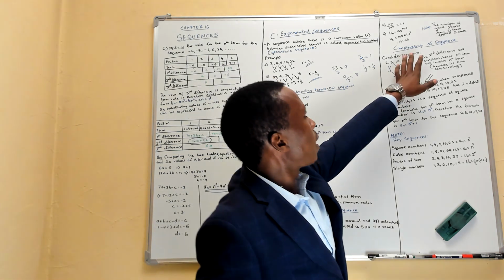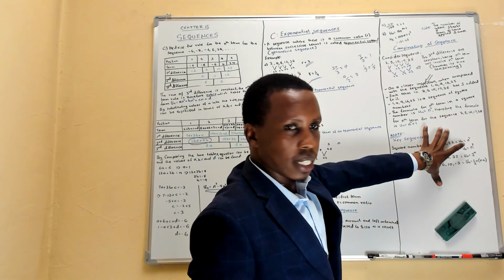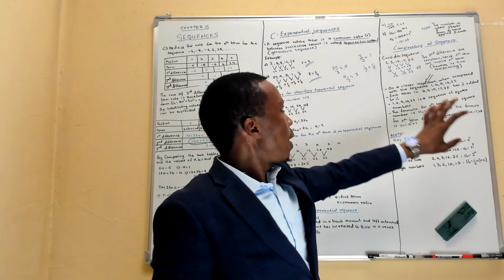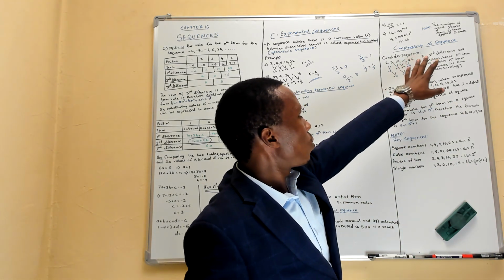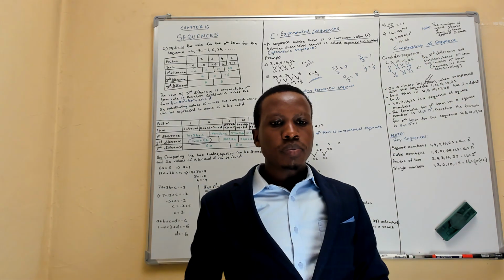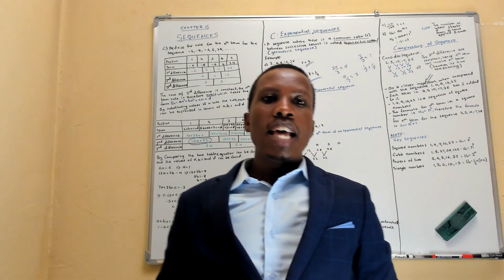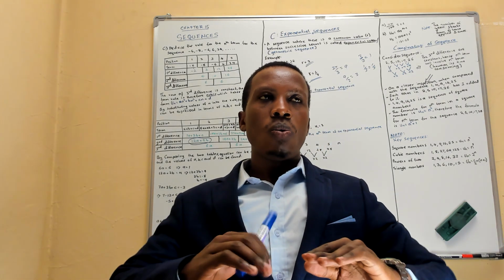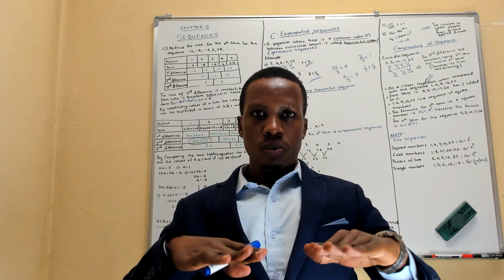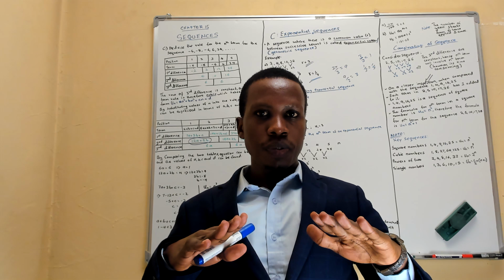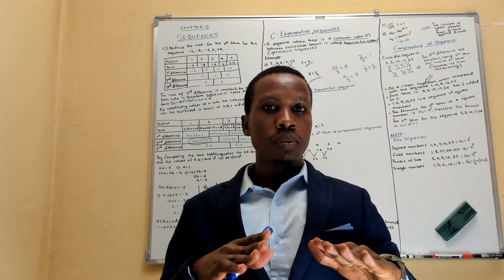If you go to the last bit of sequences, that is combination of sequences, we are trying to ask you in this topic again to understand that what we have learned up to now is very useful and applicable.